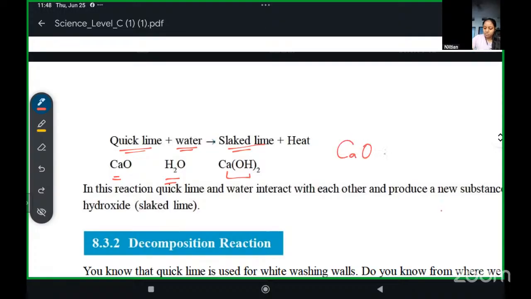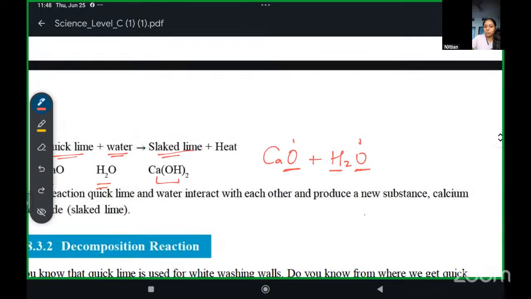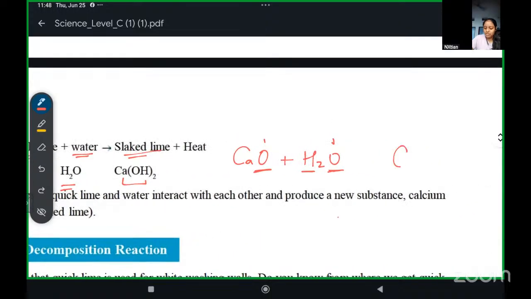Why Ca(OH)2? CaO plus H2O. You can see that O is here, and H is there, 2H. H2 means 2H is there. And one O is here and one O is here, so 2 O and 2 H. Ca is only one, so I write Ca outside the bracket, and then (OH)2 means O and H are 2.